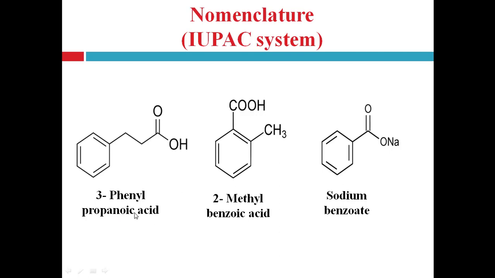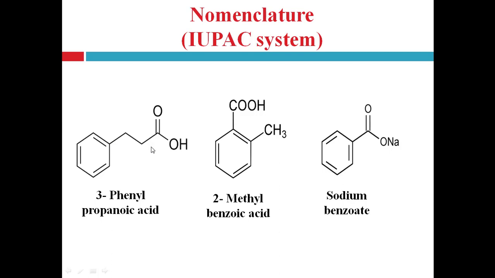Now in propanoic acid, a phenyl ring is attached as a substituent, right? So write the position of the phenyl ring. That means on which carbon atom of the 3 carbon atoms of propanoic acid the phenyl ring is present, right?